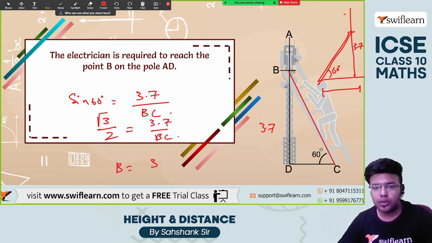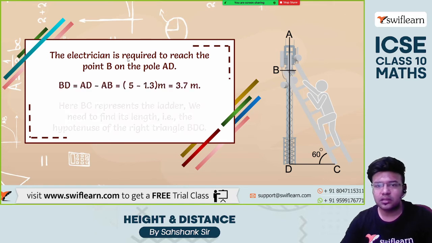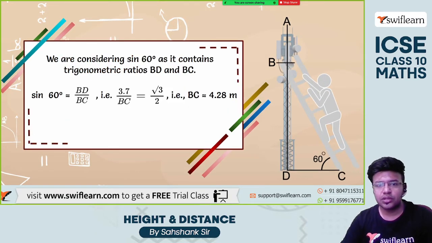BC is equal to 3.7 into 2 by root 3 meters. Solve this to get the answer. On solving this, you get BC is equal to 4.28 meters.